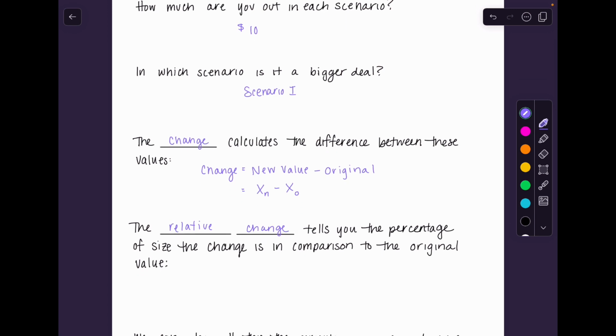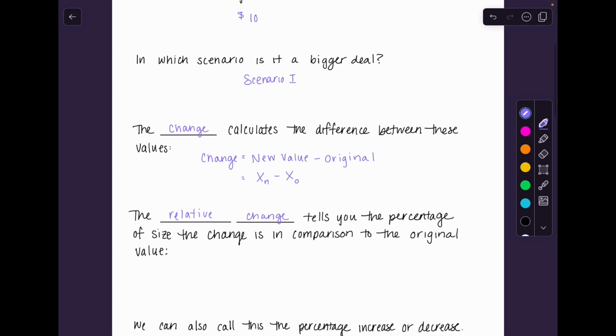Again, I'm going to do this in words and then we'll go back to these subscripts. So if you want to find the relative change, you're going to take the change in your two values and divide it by your original value. And then we have a formula for the change.